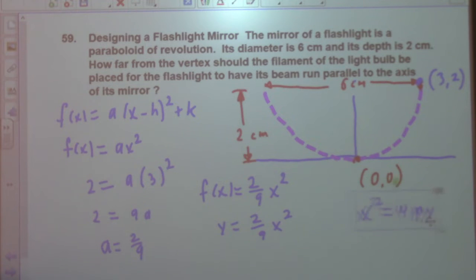Let me move this over here, it's got to get out of the way. If we multiply by 9/2, these will cancel, so we get x squared is equal to 9/2 y. And so what can we do now to find the focus?